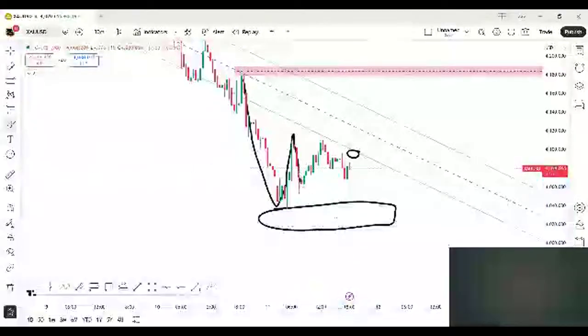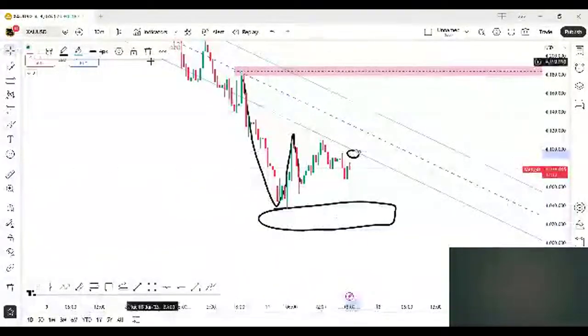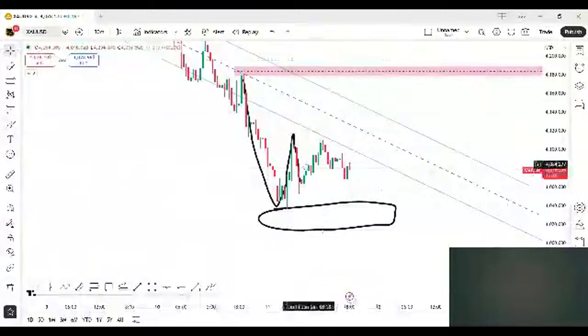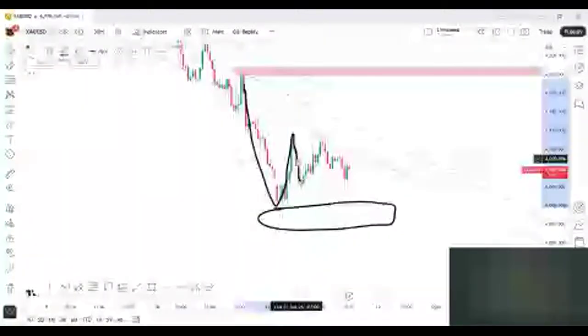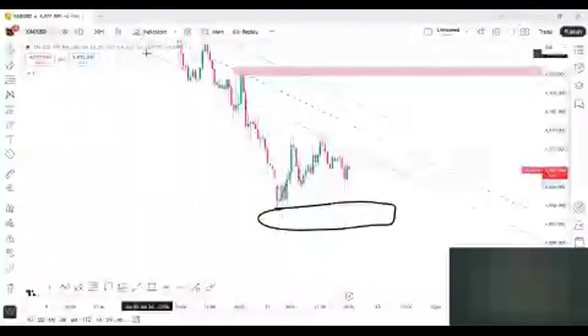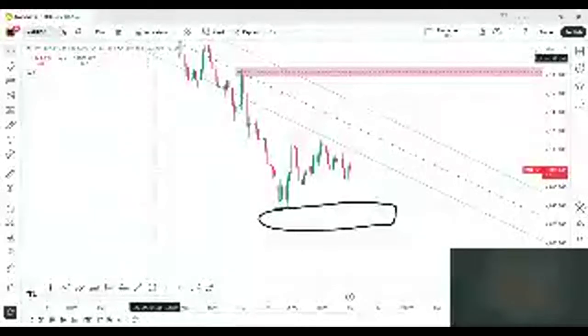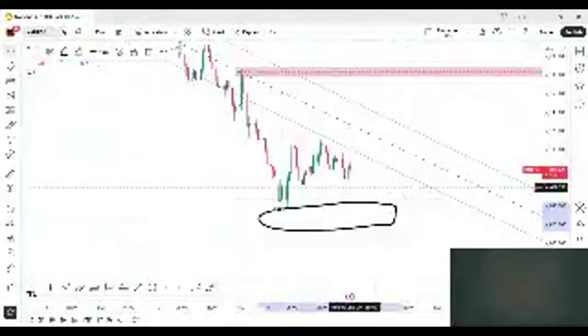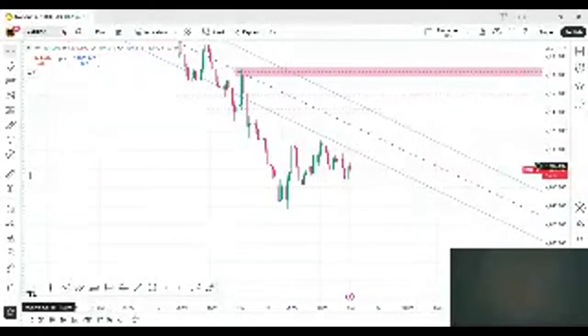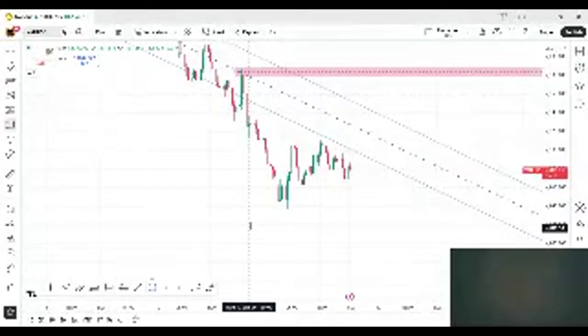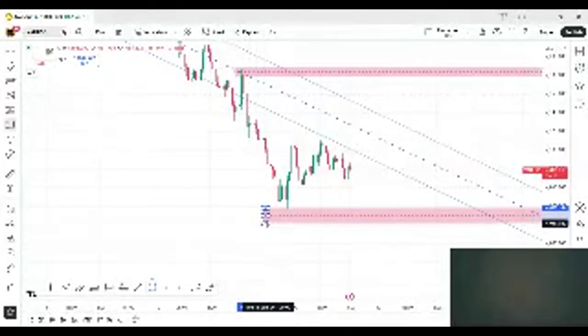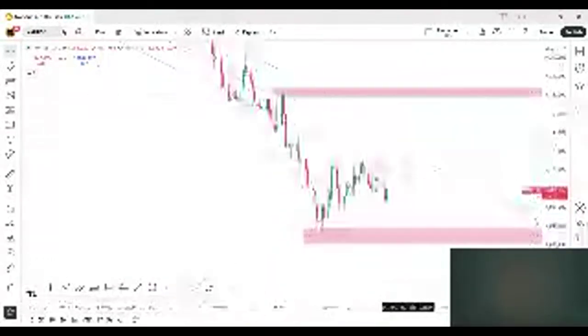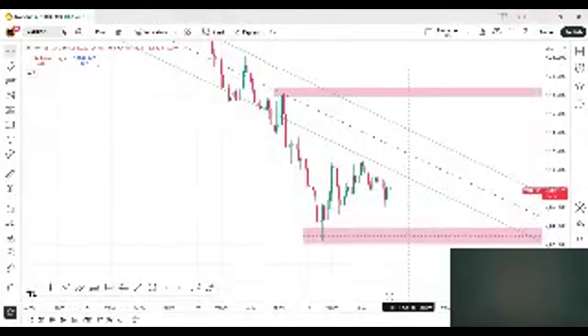Because whenever the market wants to create a big move, it needs proper liquidity. So the market has to take the liquidity from this area. If the market does not take the liquidity from this zone, then the chances of the sells are much higher.